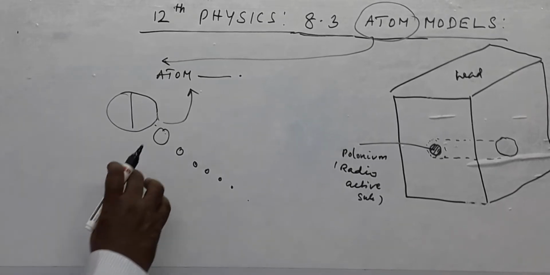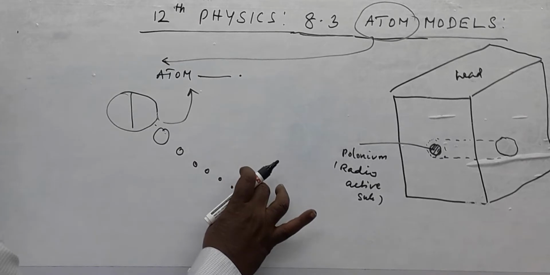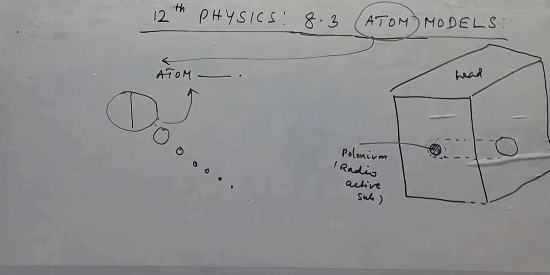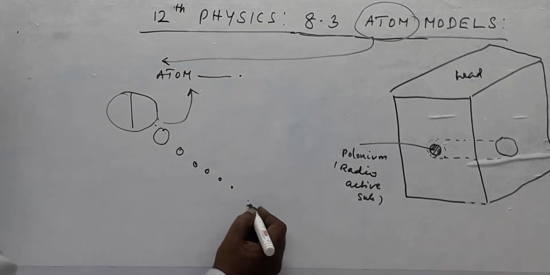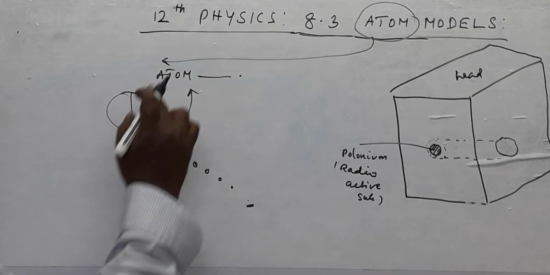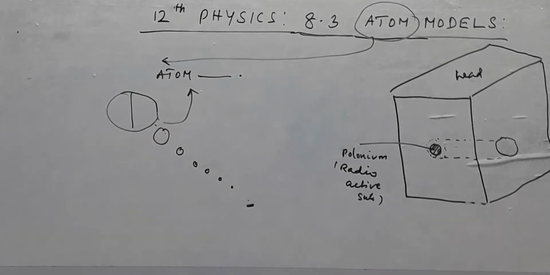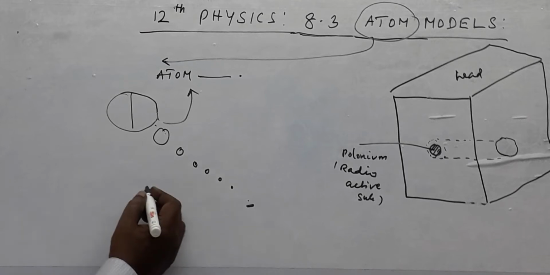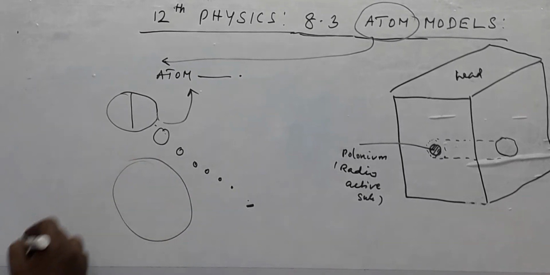There is a fundamental explanation of an atom. Even though it is very tiny, it is not the fundamental particle. What is the fundamental particle of an atom? Then we have to consider the structure.